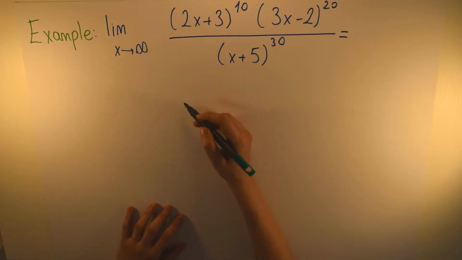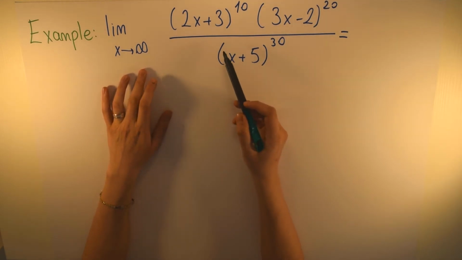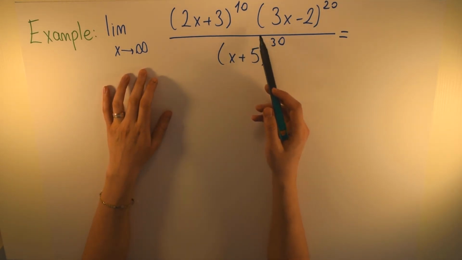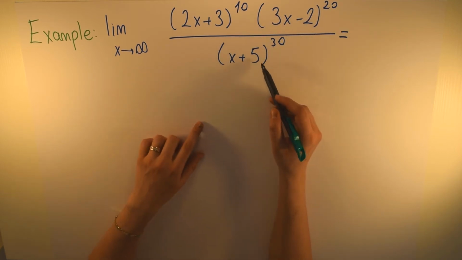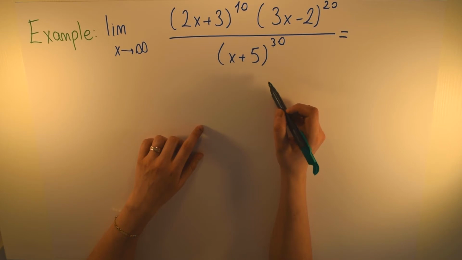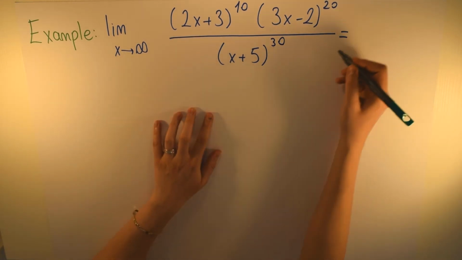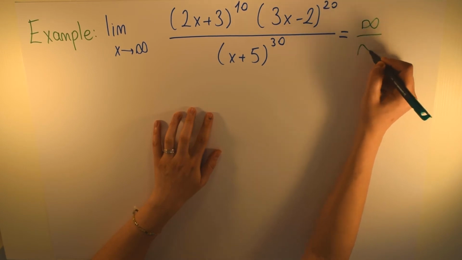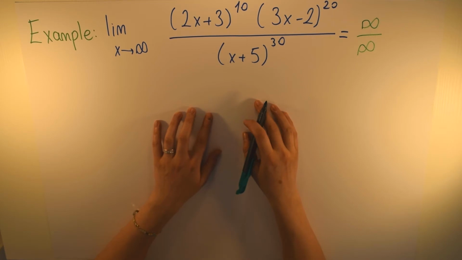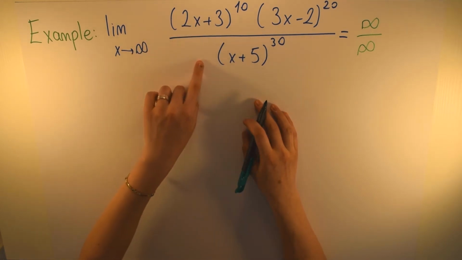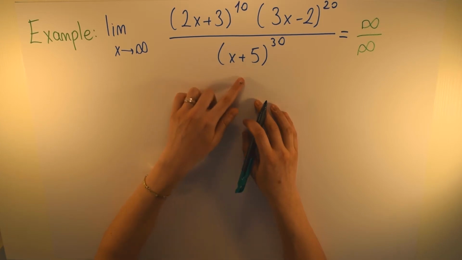Now in this example, we have the limit as x approaches infinity of (2x plus 3) to the power of 10 times (3x minus 2) to the power of 20 over (x plus 5) to the power of 30. When we put infinity instead of x, we will get infinity over infinity, right? So what we can do here is divide both the numerator and denominator by x to the power of 30, which is the highest power of the fraction.